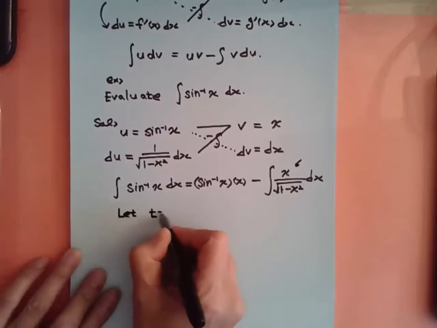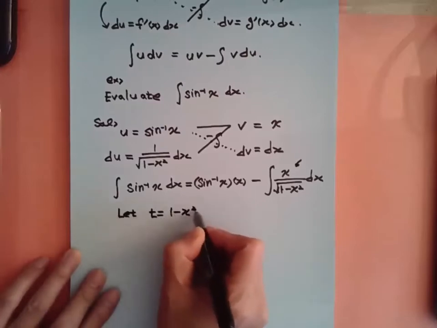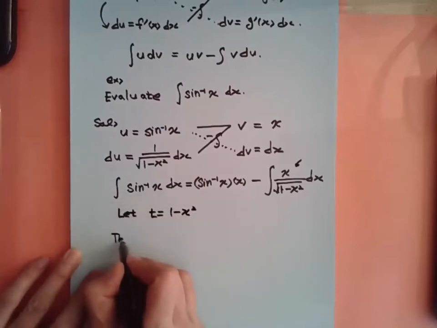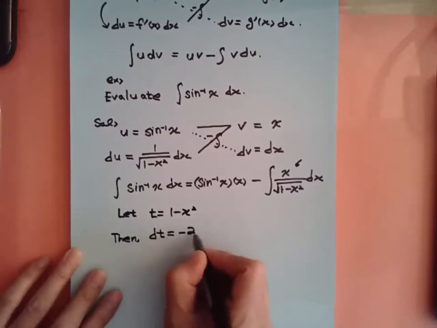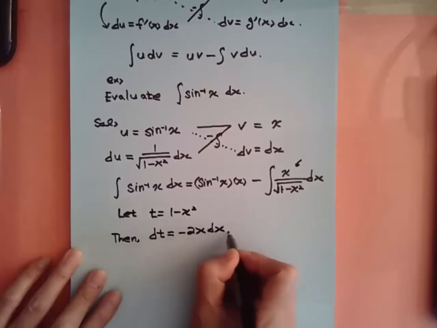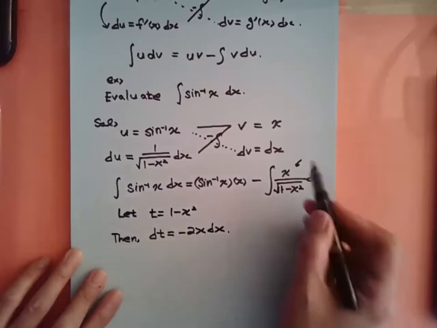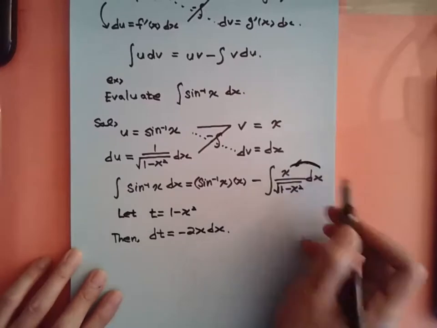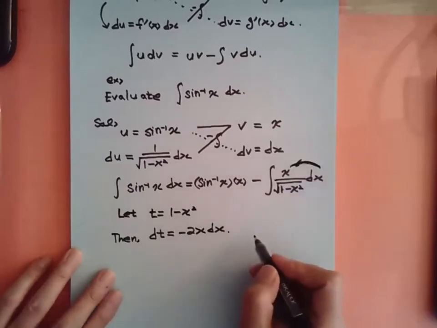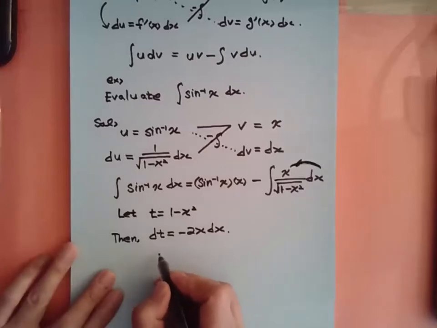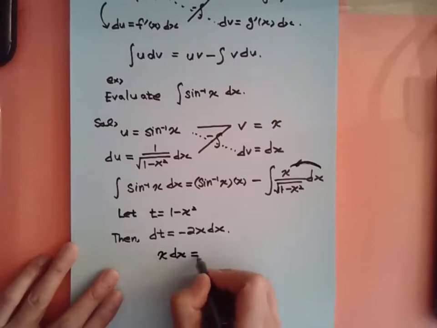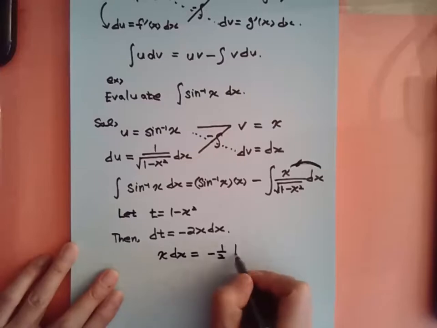Let t equals 1 minus x squared. Then when we differentiate, dt equals minus 2x dx. So we are getting this part. What we have to do from here is divide by minus 2 on both sides. Then x dx equals minus 1 over 2 dt.